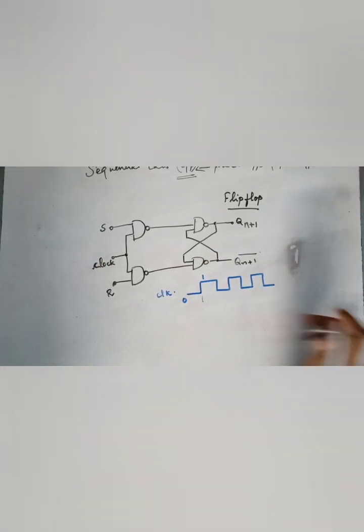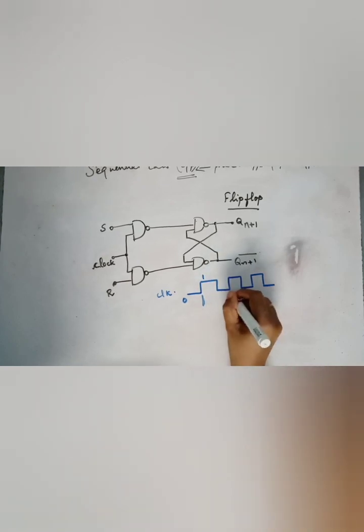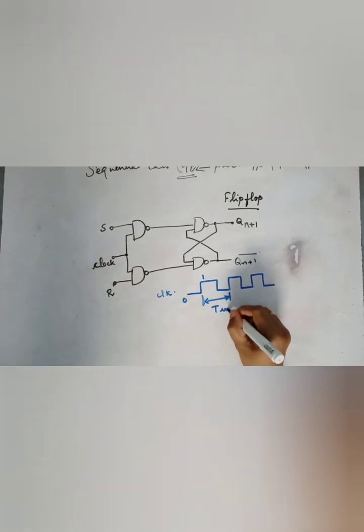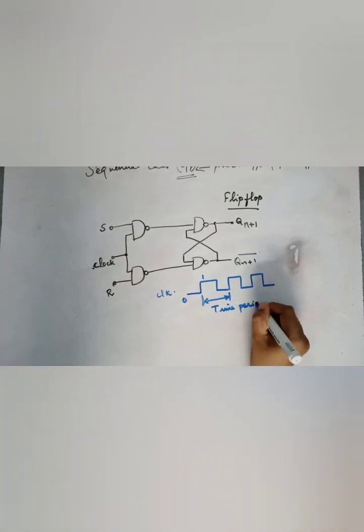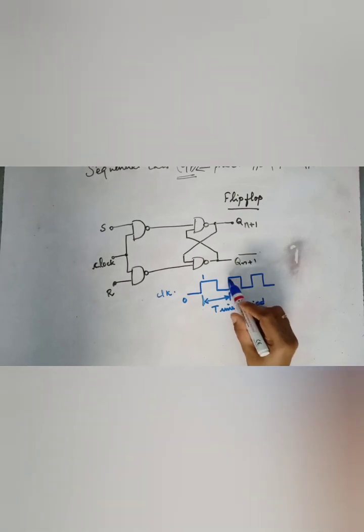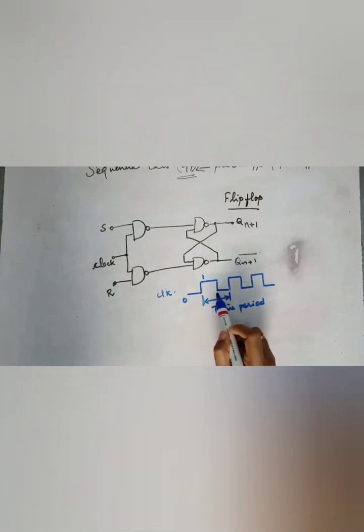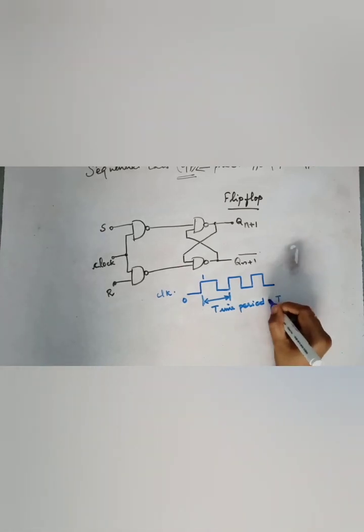This is called the clock time or the time period of the clock. From a low to high to another low to high, or you can take from a high to low to another high to low. One high and one low, that much is the time period, which you can notate as capital T.